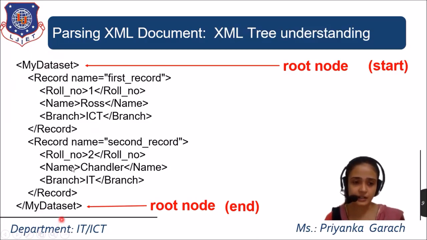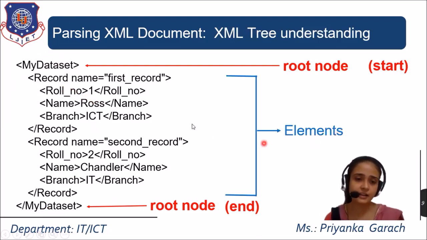Between the starting and ending of the root node, you have various different tags and those tags are called elements. You can see that record is one of my elements. The record starts over here and ends over here. Again, the record starts over here and ends here. So these are the different elements in my root tag.